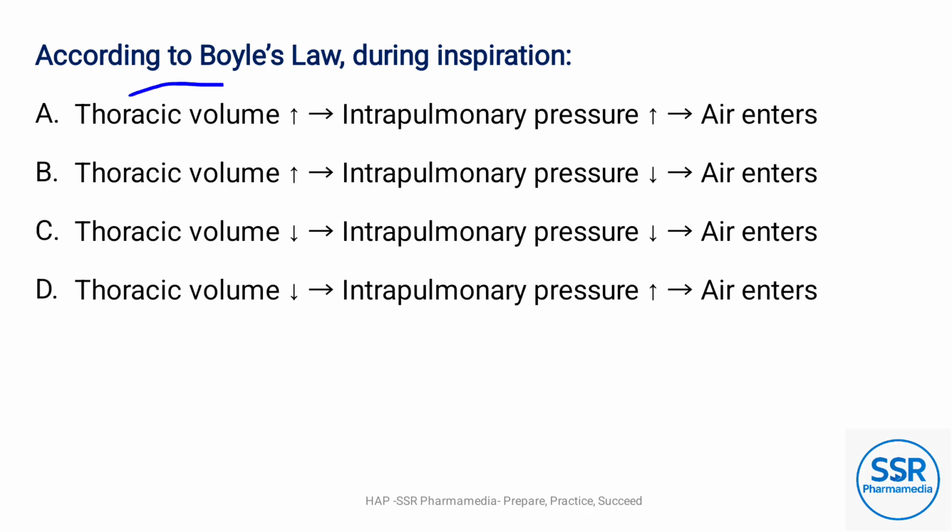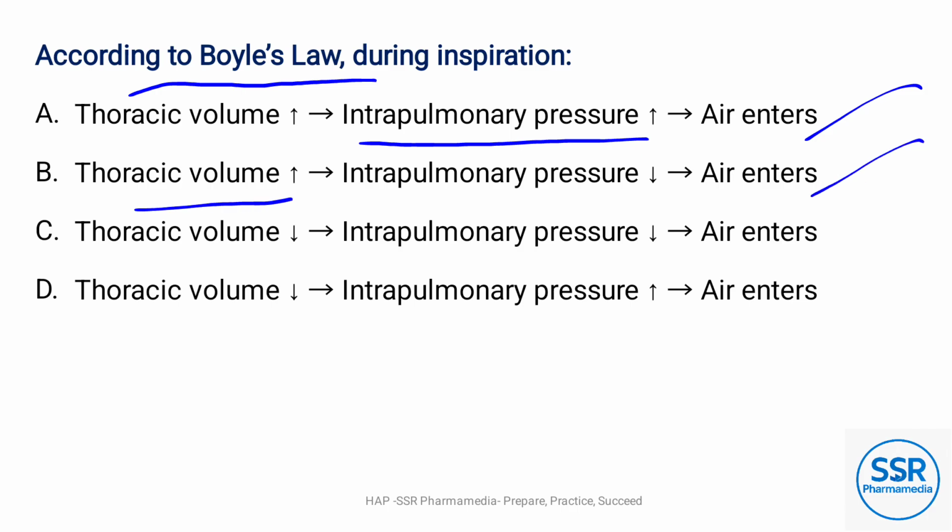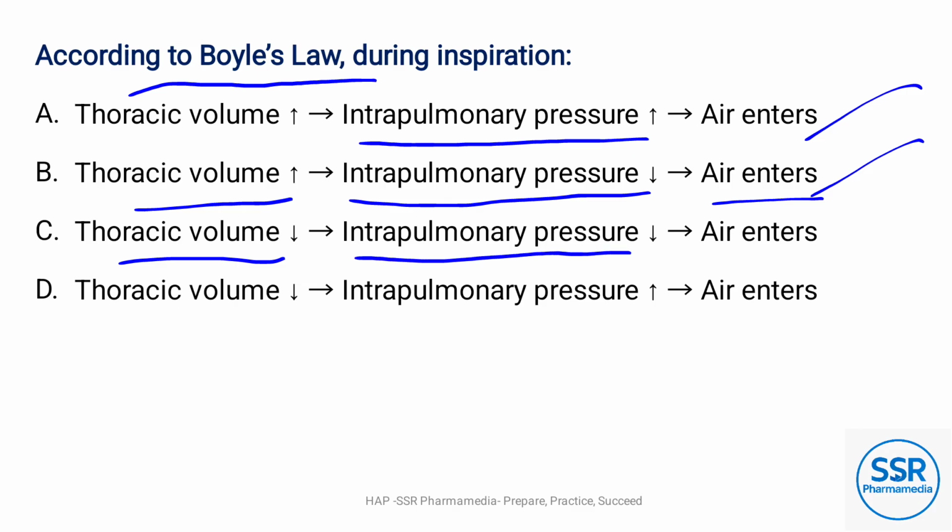Next, according to Boyle's law, during respiration: option A, thoracic volume increases and intrapulmonary pressure increases and air enters. Option B, thoracic volume increases and intrapulmonary pressure decreases and air enters. Option C, thoracic volume decreases and intrapulmonary pressure also decreases and air enters.